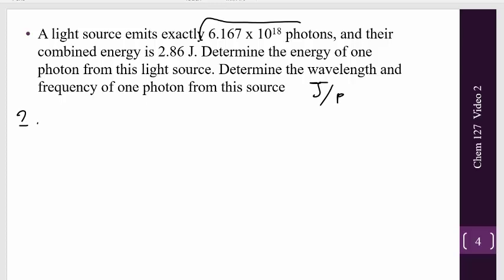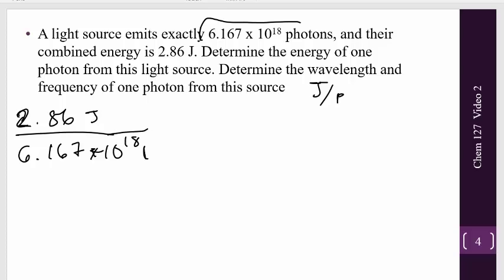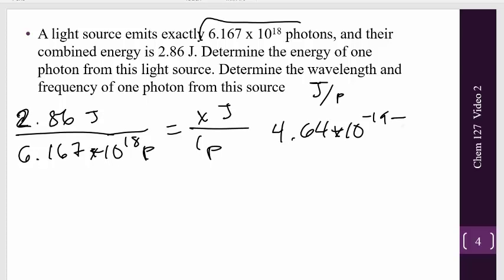So we have 2 joules, and that is spread equally among these numbers of photons. And then if you like, you can set up a proportion, some x number of joules per 1 photon. And then this works out to be, I believe, 4.64 times 10 to the negative 19th joules per 1 photon.